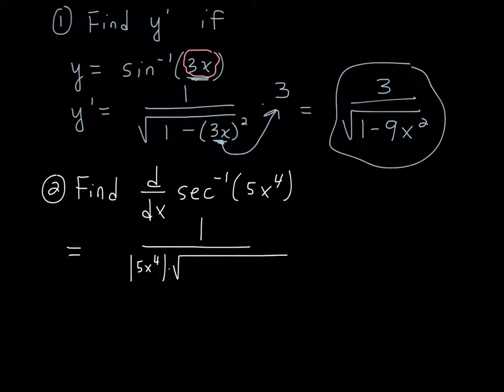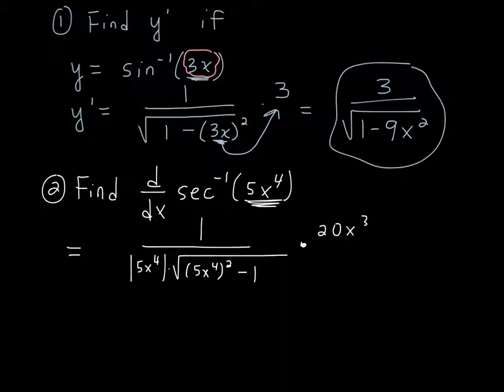Our formula says x squared minus 1. Well, we're not going to literally write x squared. The x, like we said, is the angle. So you have 5x to the fourth quantity squared minus 1. And we need to remember our chain rule. We have to chain along the derivative of that inside piece. That's going to be 20x cubed.